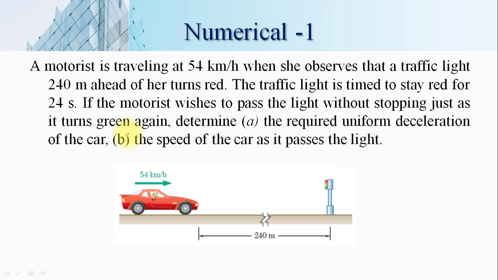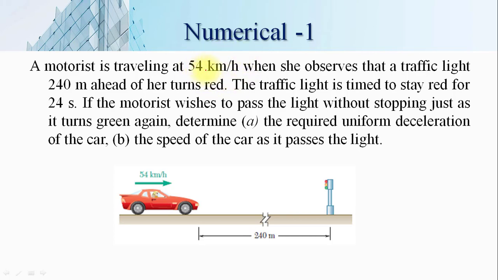So from this numerical, first of all we need to list down the given things. Traveling at 54 km per hour means the speed of the vehicle is 54 km per hour. To solve the problem, we need to convert this speed into meters per second.